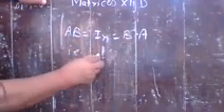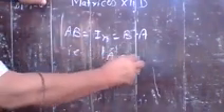Understand? And note it. B is called the inverse of A. Write it in this way: A inverse is equal to B. So here you have a condition like that.